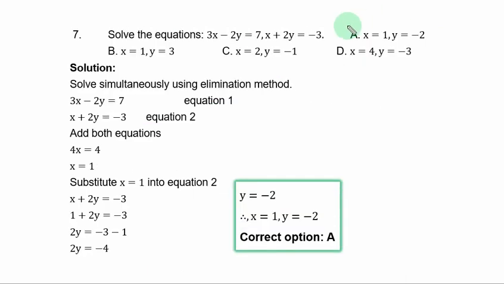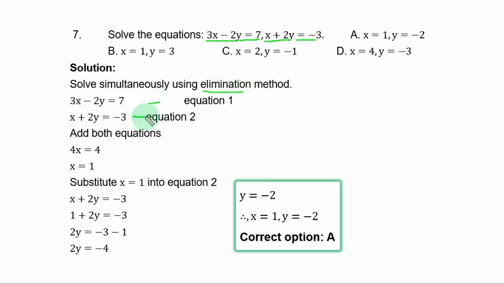Question 7. Solve the equations 3s minus 2y equal to 7, s plus 2y equal to minus 3. You have a pair of simultaneous linear equations. So let's solve them using the elimination method. The 2 equations, you label them as equation 1 and 2.